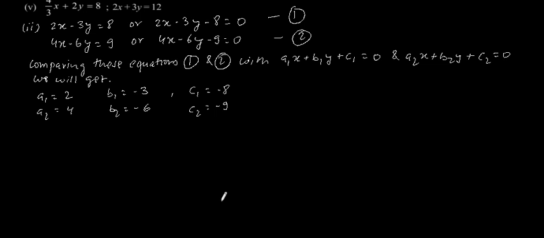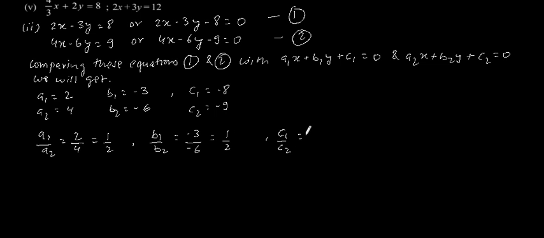Now we will find out a1 by a2, which is equal to 2 by 4, which is equal to 1 by 2. b1 by b2 is equal to minus 3 by minus 6, which is equal to 1 by 2, and c1 by c2, which is equal to minus 8 by minus 9, which is equal to 8 by 9.